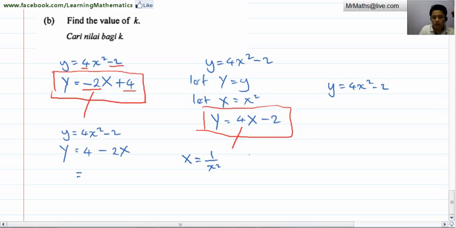If I were to divide this by x squared, then this becomes y over x squared. Okay, so that is something. Alright, I think we've got the answer already.